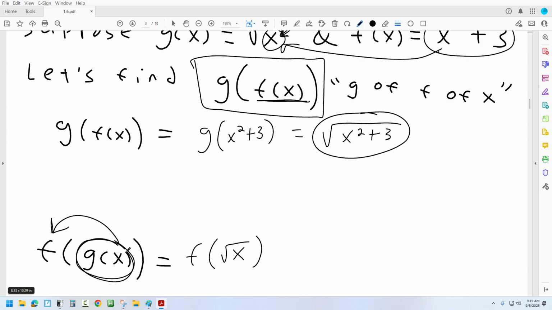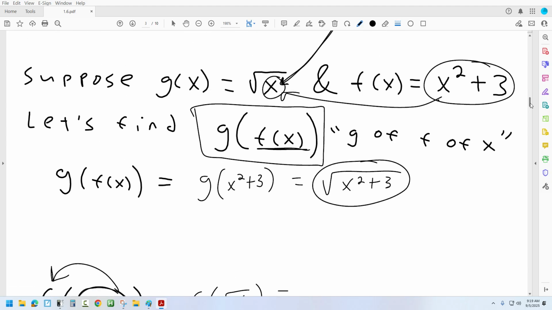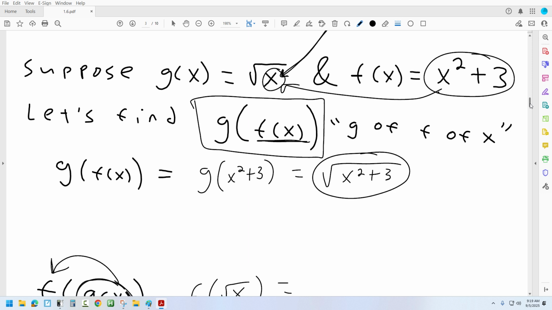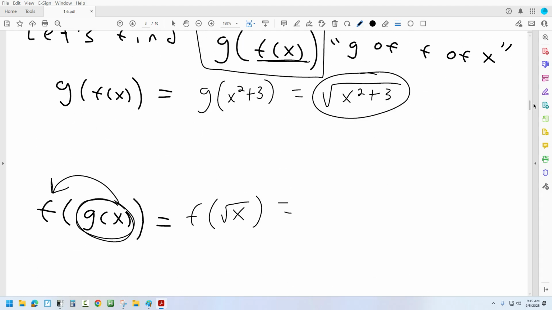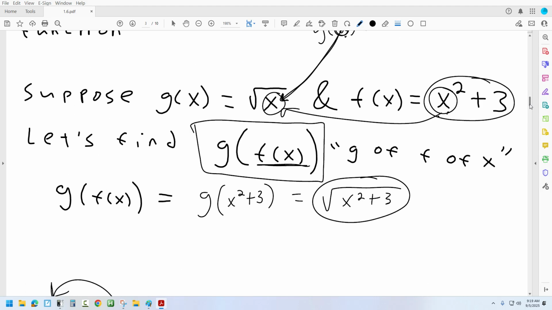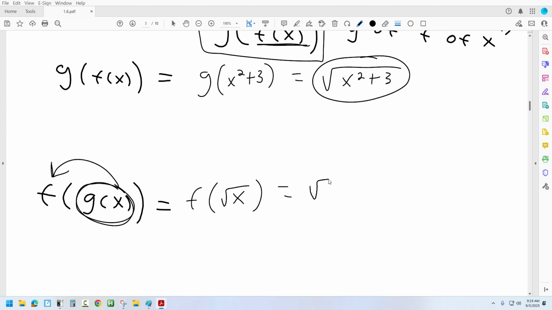Okay, so now go back up and look at function f. It's x squared plus 3. So everywhere you have a variable, which is what I just circled, change the variable to square root of x. So we're going to have square root of x squared plus 3, which is going to simplify to x plus 3.